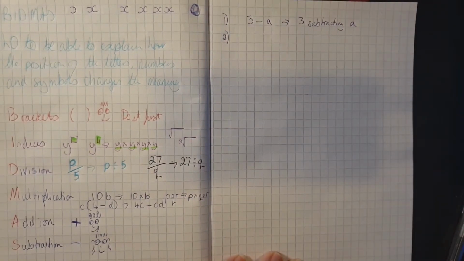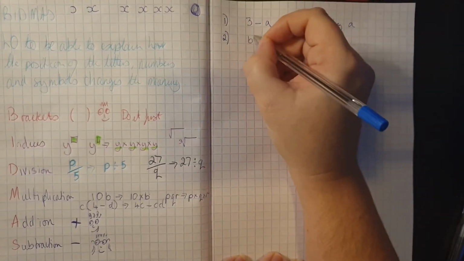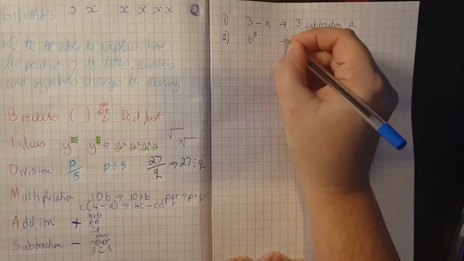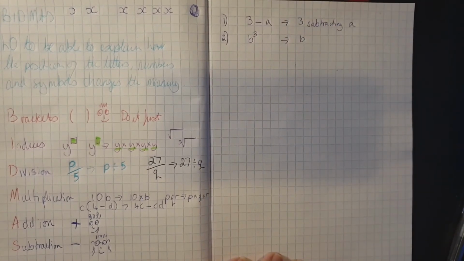Number 2. Another example here. I'm going to take this letter here this time, and I'm going to put that symbol up the top. What are we doing? Well, we're taking B. We don't know what B is because it's a variable, it could change, but we know what rules we are following.